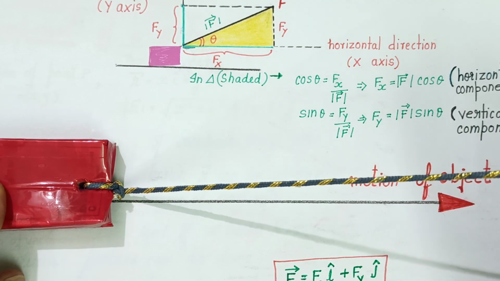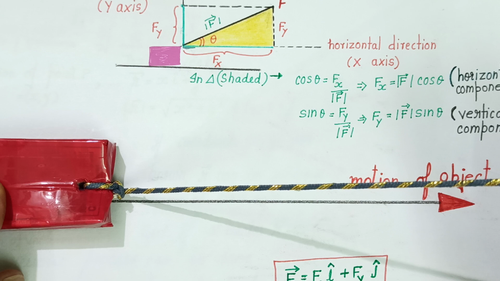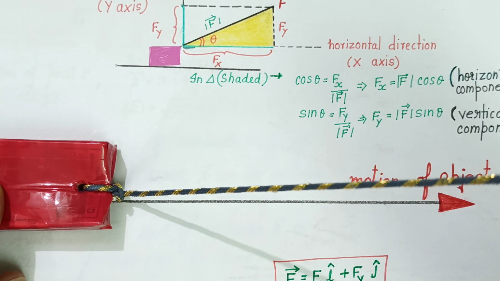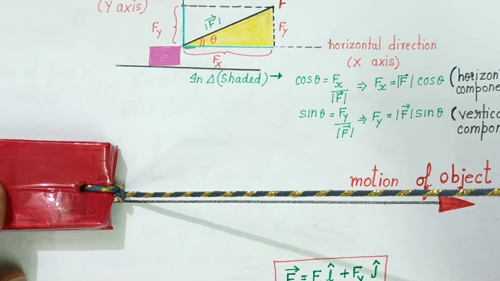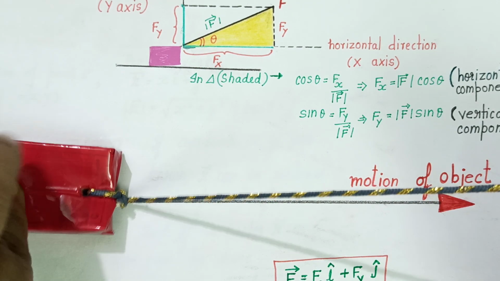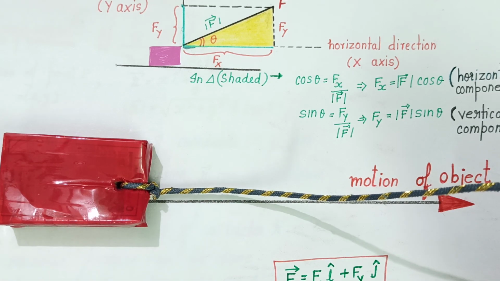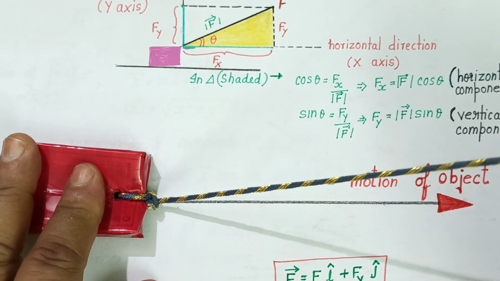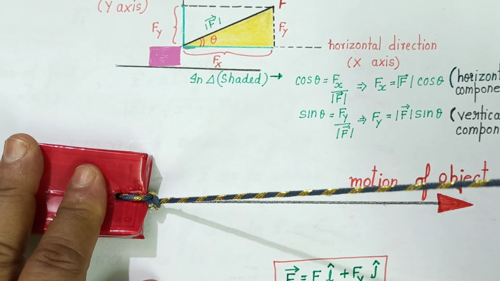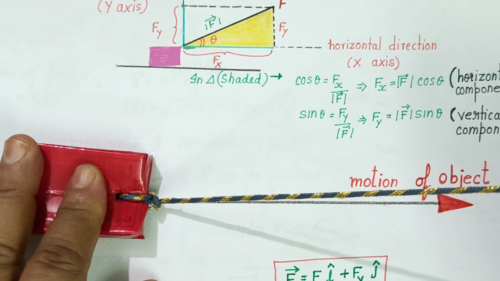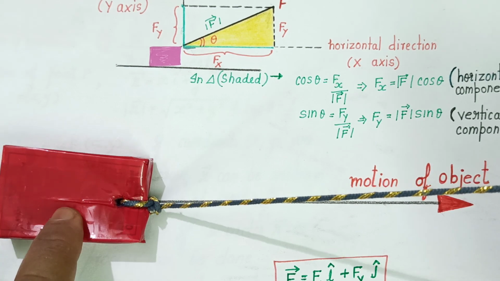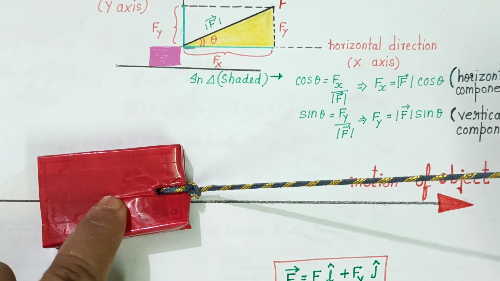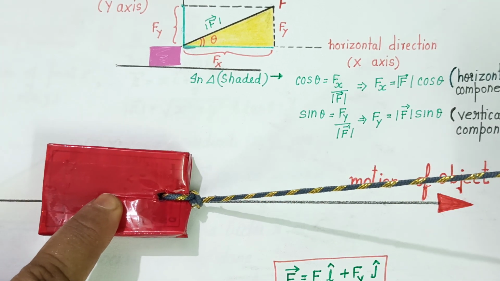Pull means exerting force. And I think you can easily understand that when I am pulling this object using this thread, my pull is along the thread, this tight thread, because when I pull this thread, this matchbox will start moving in the direction of pull. Can you see it?